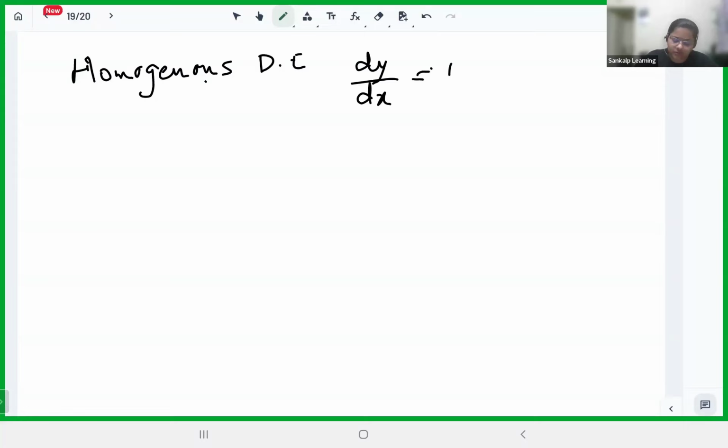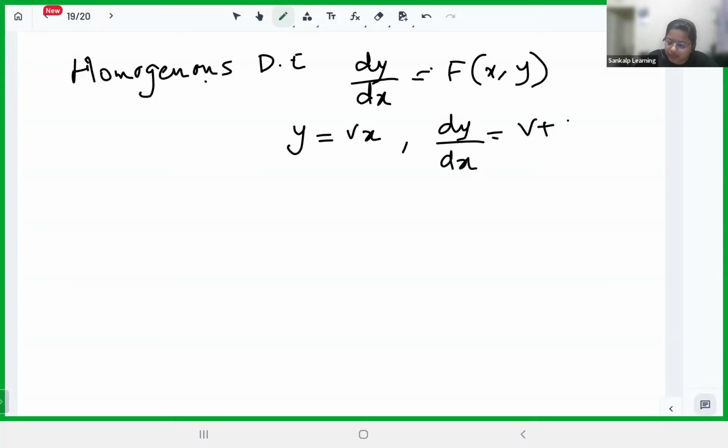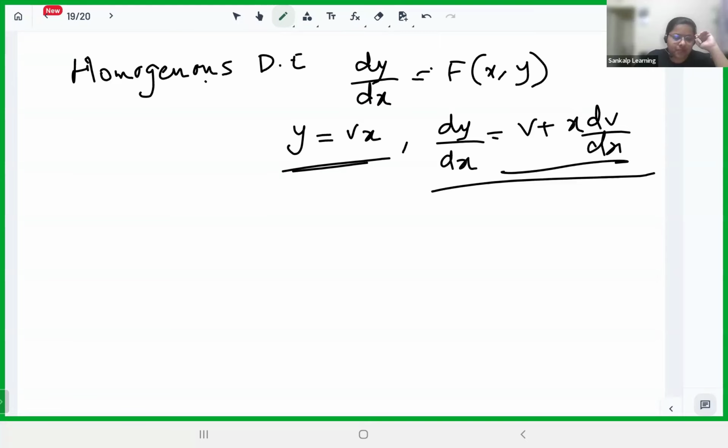For a homogeneous differential equation of the form dy/dx = f(x, y), we make the substitution y = vx. Differentiating with respect to x, we get dy/dx = v + x dv/dx.